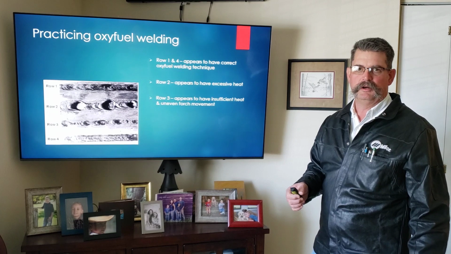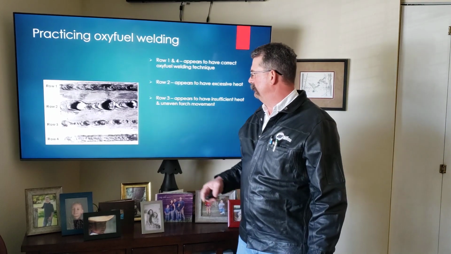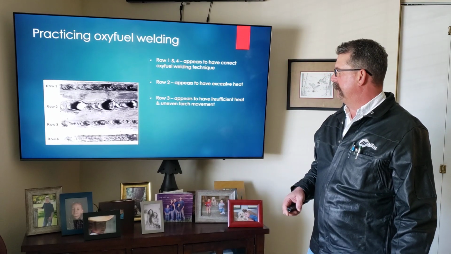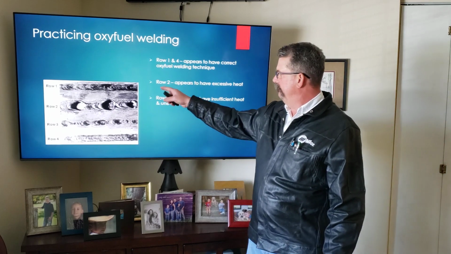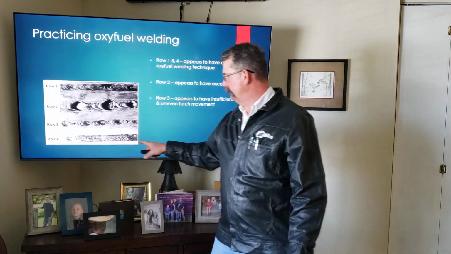You want to maintain your weld pool about 1/4 of an inch in diameter, which there's no direct measurement illustration up here on our slide, but you can see the uniformity within row 1 and row 4.